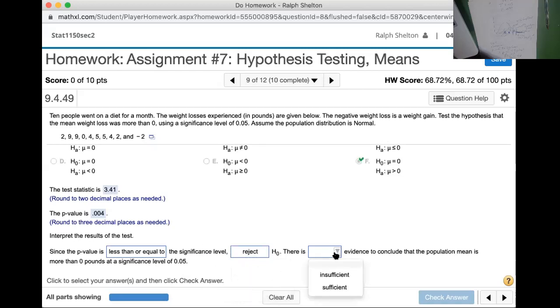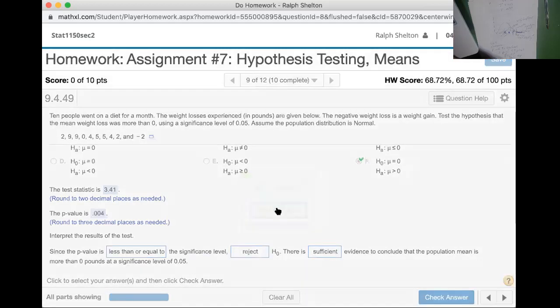So there is sufficient evidence to conclude population mean. This is the thing we're testing, right? We got a sample, but we're testing to see if this population mean is more than 0 at this significance level. You always have to throw that in there, what significance level you're talking about. Okay, check answer. Good deal, Lucille.